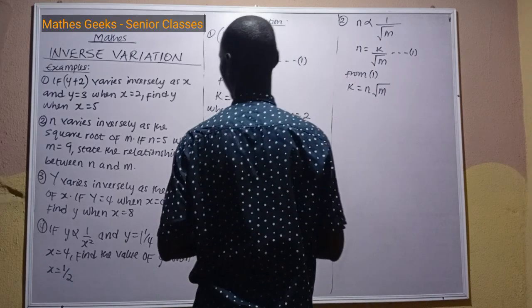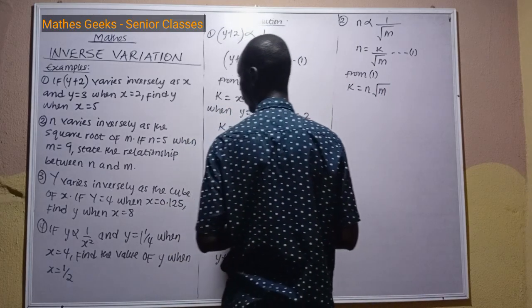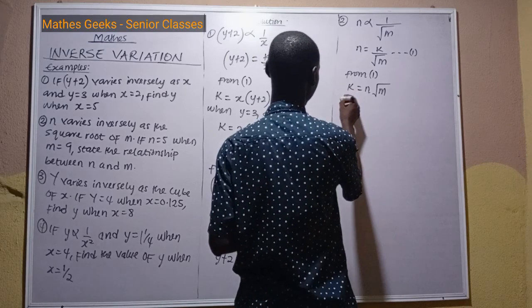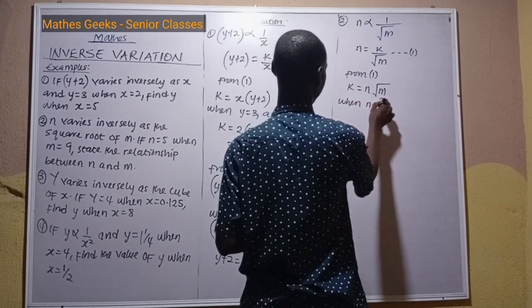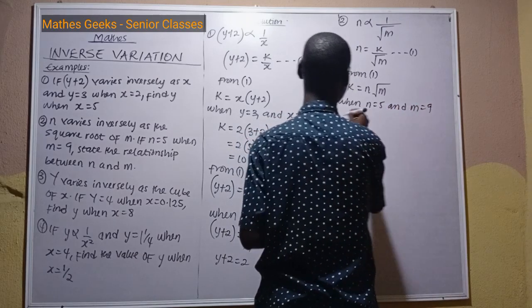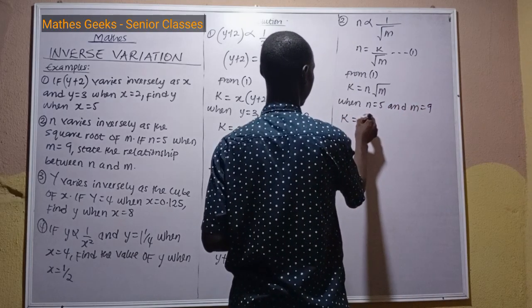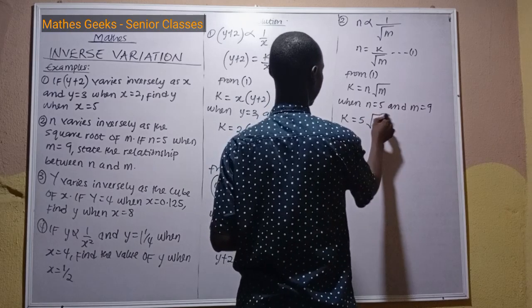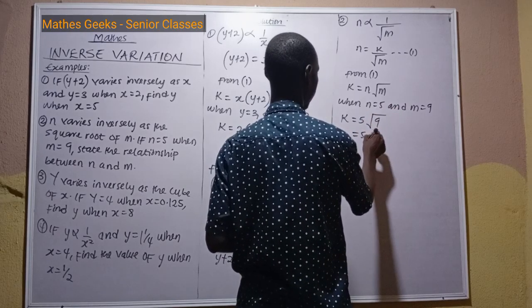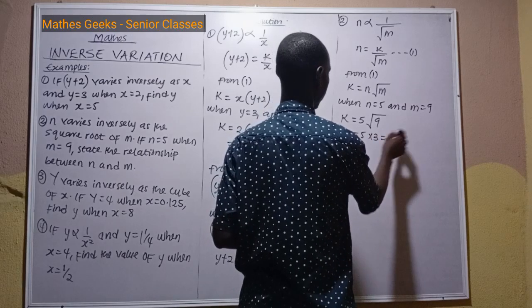So when m is equal to 5 and n is equal to 9, k equals 5 times square root of 9. Square root of 9 is 3, 5 times 3 is equal to 15.